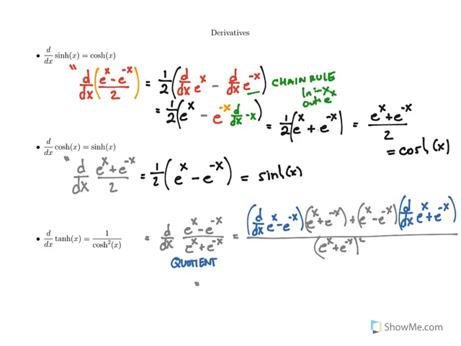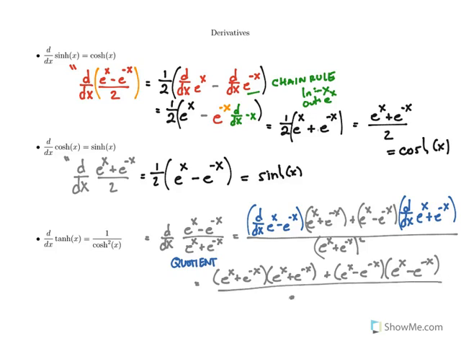So the derivative of e to the x minus e to the negative x is going to be e to the x plus e to the negative x. Just going to change that sign. We have e to the x plus e to the negative x here, plus e to the x minus e to the negative x, and the derivative here will be e to the x minus e to the negative x, all over e to the x plus e to the negative x squared.